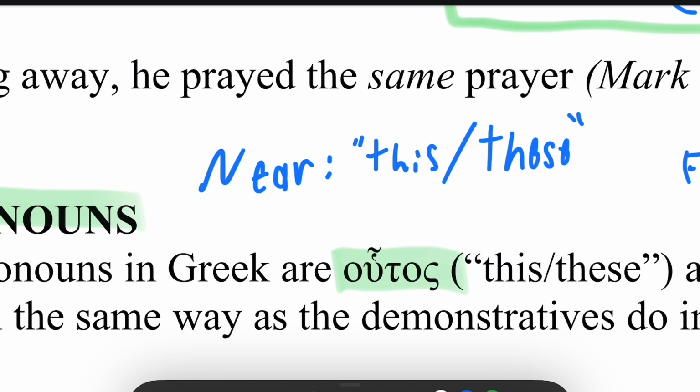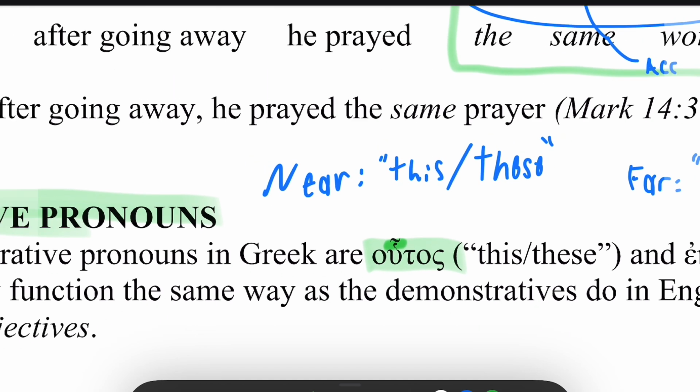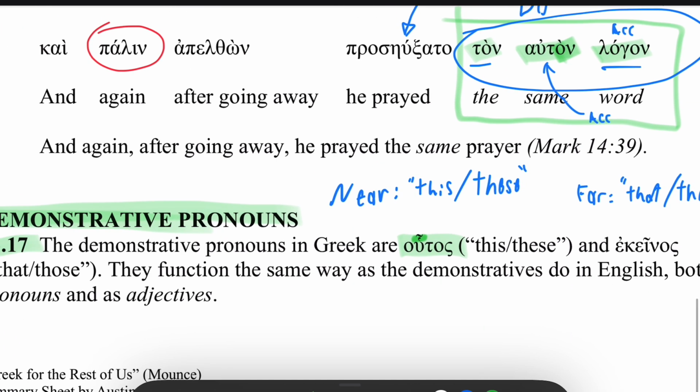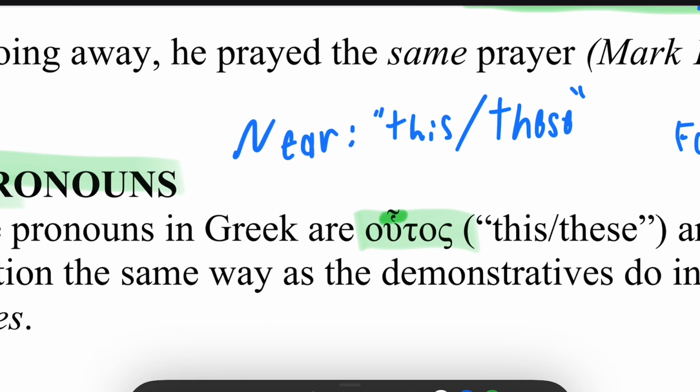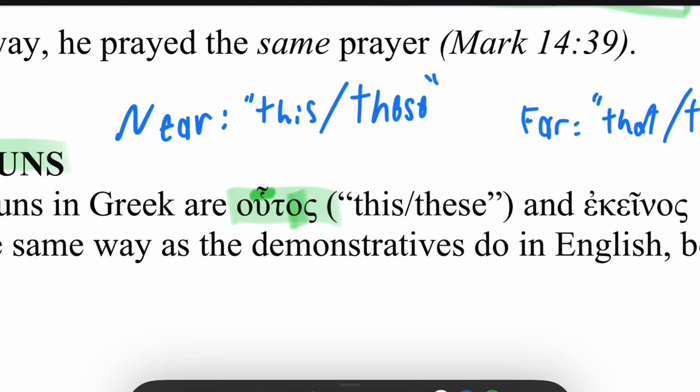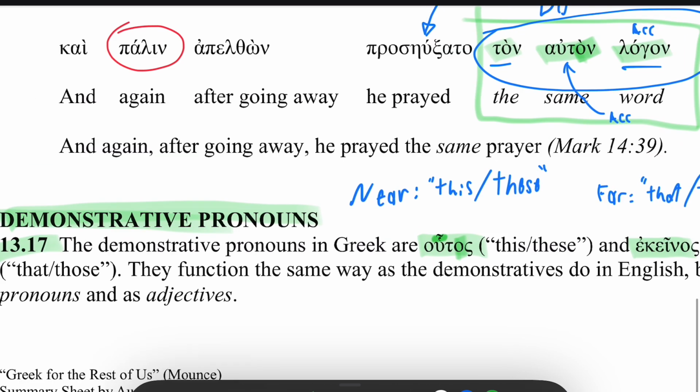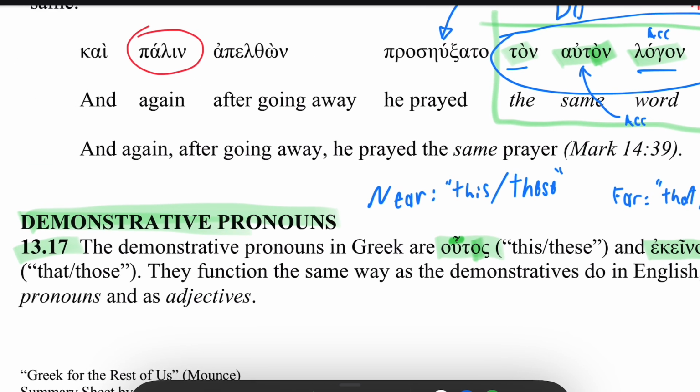Note the rough breathing mark there. Hutos. And then there are multiple inflections for this, for whether it's singular or plural, and how it's functioning in the sentence, nominative, accusative, etc. So hutos, with that omicron there, and then ekeinos. Ekeinos is going to be the equivalent of that or those.